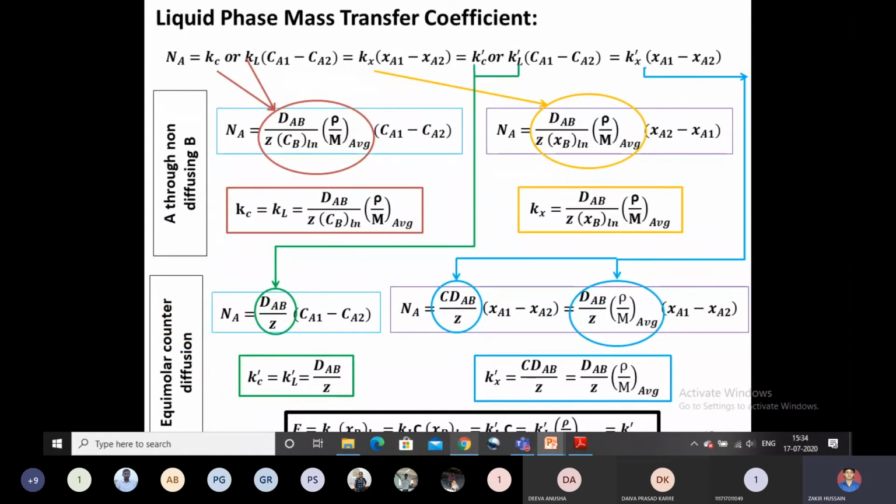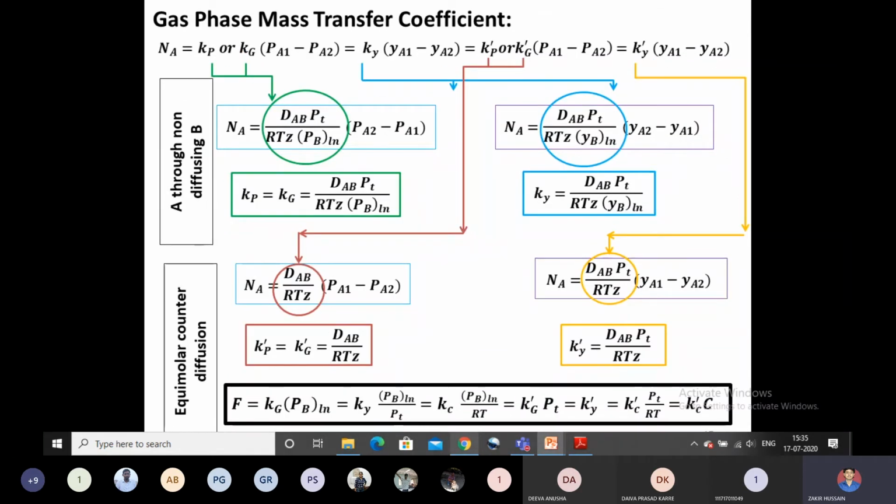These are the cases for liquids. For A through non-diffusing B, the previous equations we derived are used here to work out the mass transfer coefficients. In the case of equimolar counter diffusion also, it is the same thing. When you are familiar with part B, only then can you go to part C.